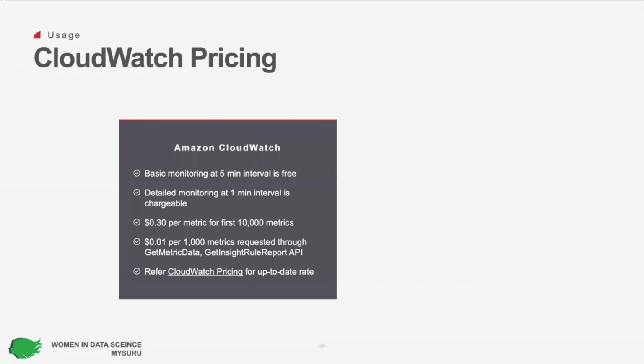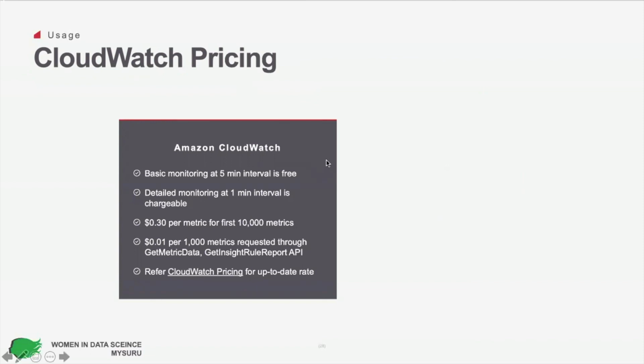As far as pricing is concerned, basic monitoring at a 5-minute interval is free. Whether it's your free tier account, or after the 1 year free tier period is over, or any account, if it's a 5-minute interval, it's free. Only if you enable detailed monitoring at a 1-minute interval, it's chargeable. And here are examples of how you'll be charged for the metrics.